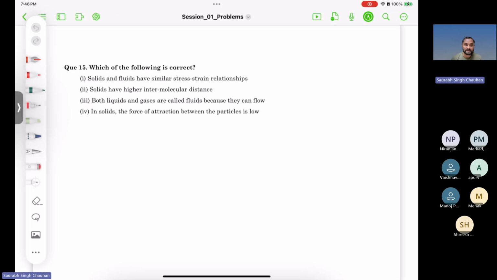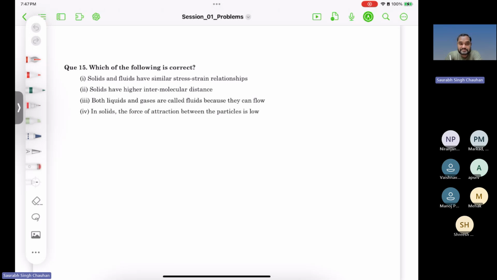Again, a very simple question. Do solids and fluids have a similar stress-strain relationship? The answer is no. In solids, stress is dependent on strain, right? If you assume that it is proportional, Hooke's law, then you can write a linear equation. You can assume some relation between stress and strain.